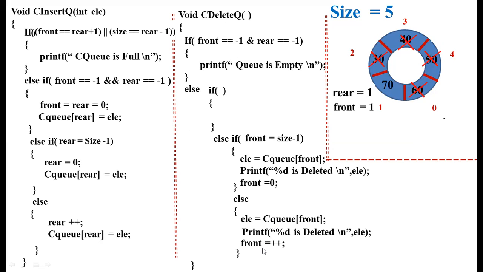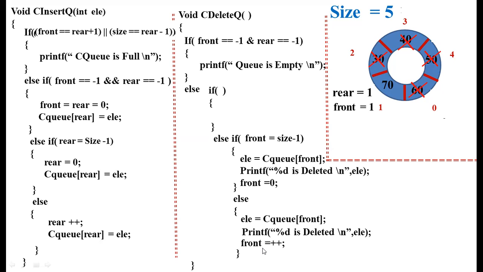So here both the front value and the rear value are pointing to the first location, the same location. Whenever in a queue the front value and the rear value point to the same location, we can say that there is only one element in the queue, that is the last element.